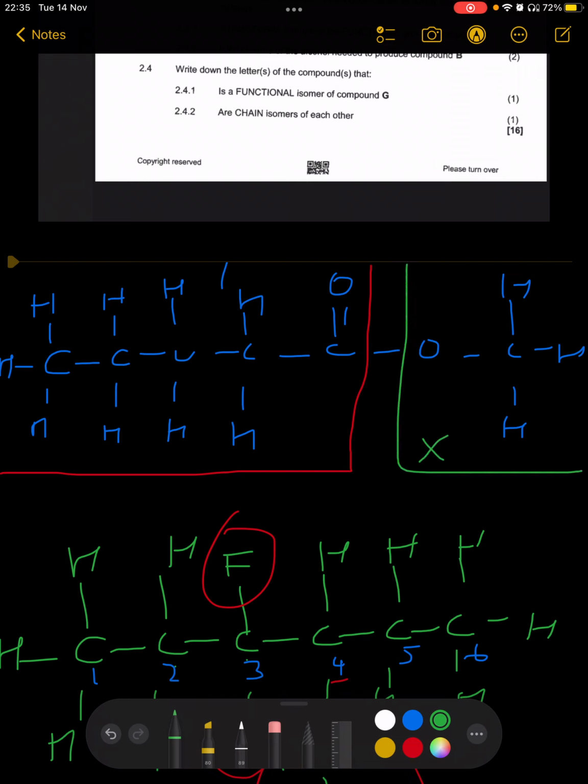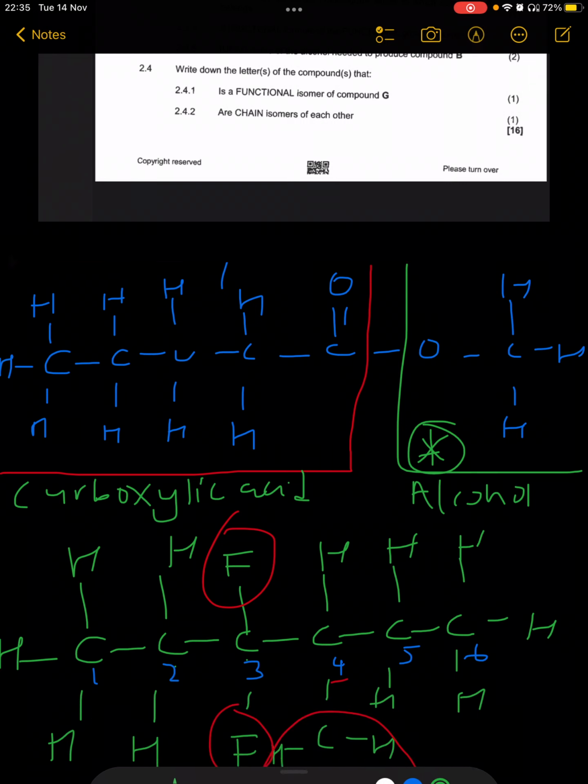So which means this is our alcohol. From the alcohol, only hydrogen is removed, and then from the carboxylic acid, the hydroxyl is removed in this ester formation.